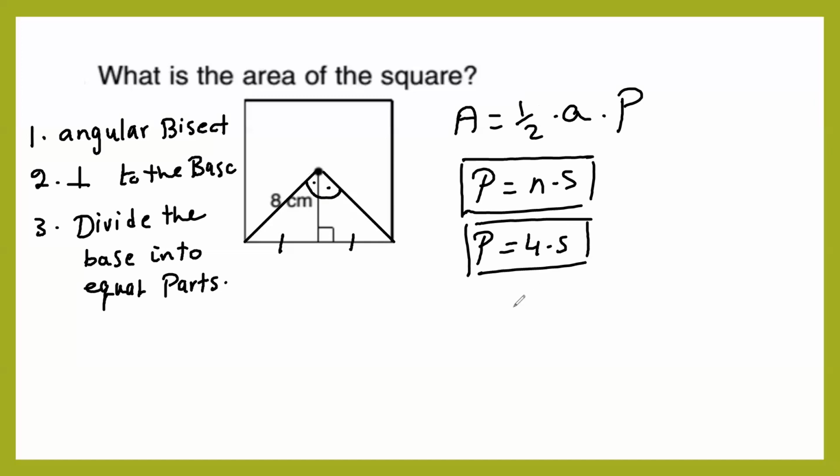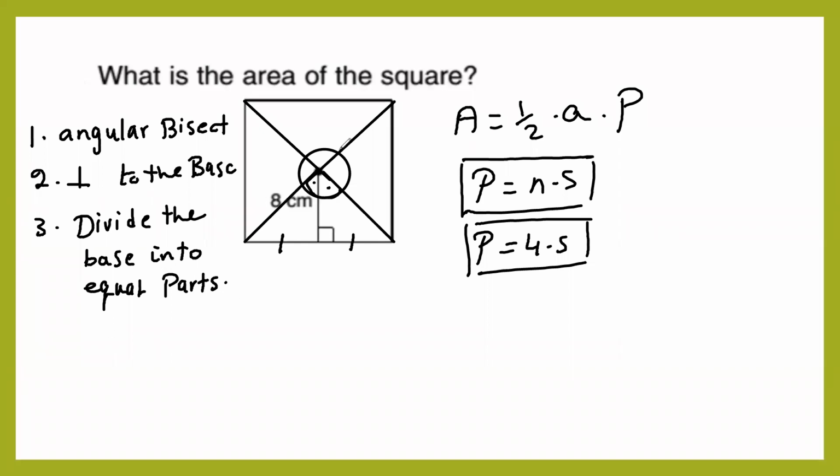Now look at here. First, I need to know what the angle here is. If we make the diagonals bisect, and this is my center, I have here 4 triangles. It looks like a circle, and this circle is 360.